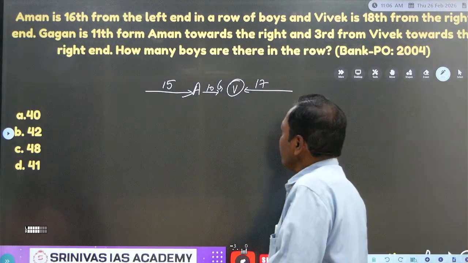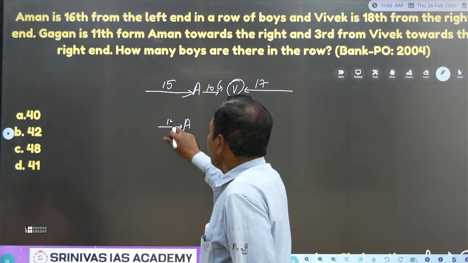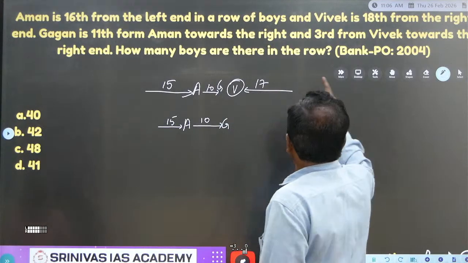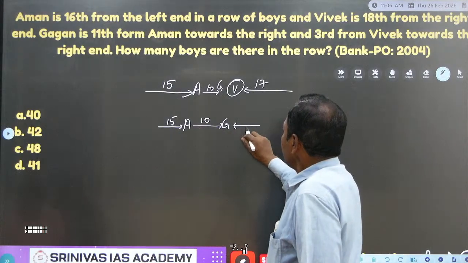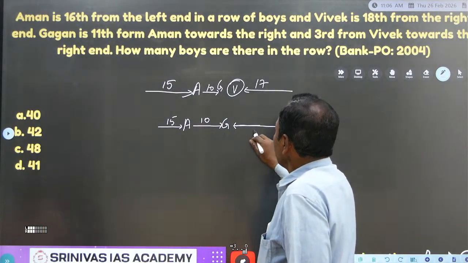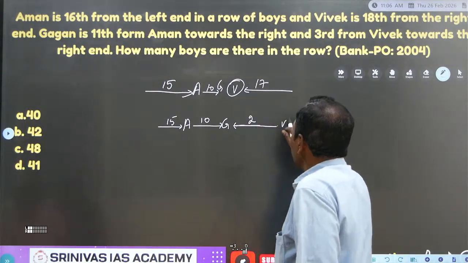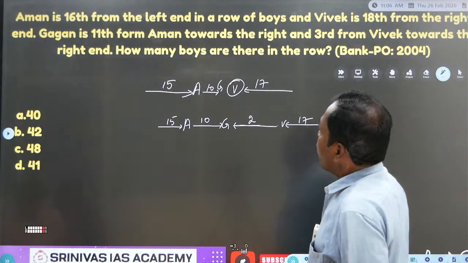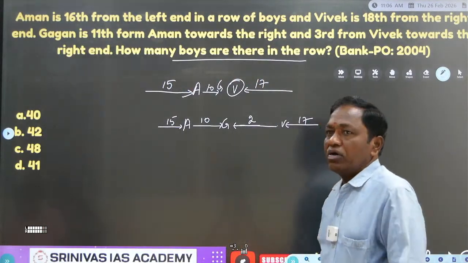This is another piece of information. Gagan is third from Vivek. Third means there are 2, and to the right of Vivek 17. How many boys are there in the row?